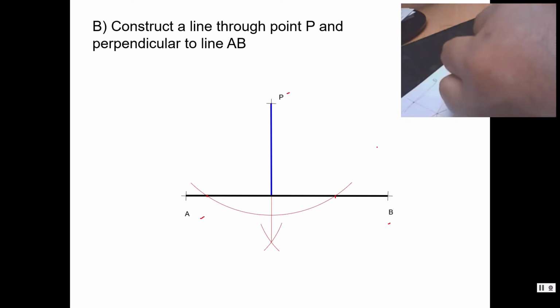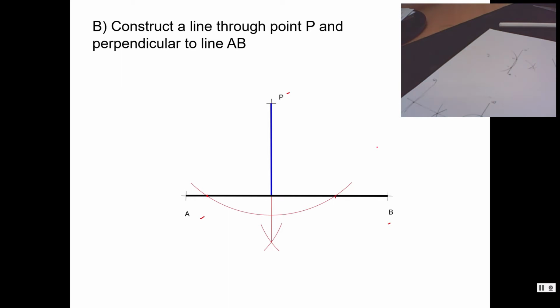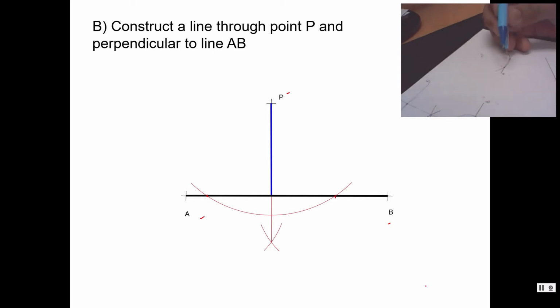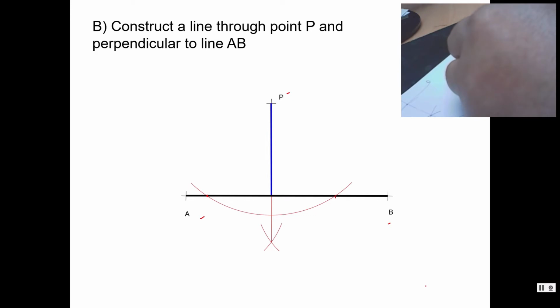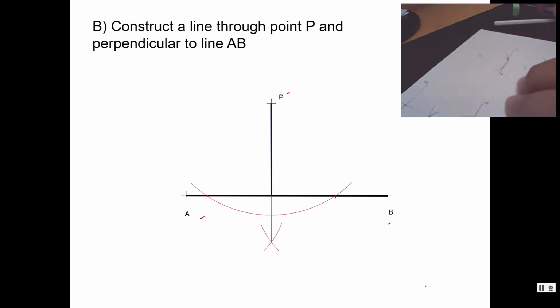Sorry, again my compass moved. Okay, so we have point C and point D. So from point C, a circle, and from D, a circle. So we're going to get this point here.